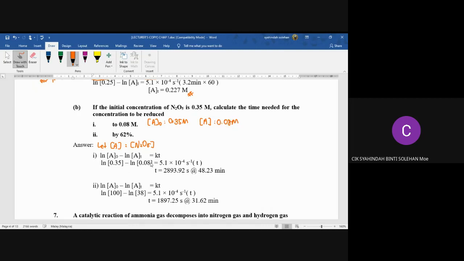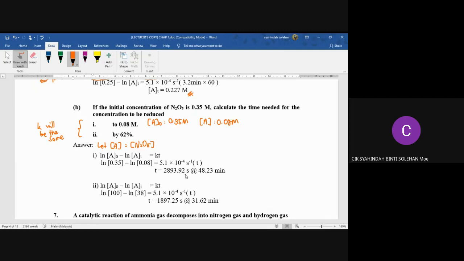Okay, and then time taken is something that you want to find, and since that you punya rate constant dia still the same, okay, regardless dia berubah concentration, okay, rate constant will be the same. Alright, so you masukkan saja nilai-nilai tersebut and you will get your time ialah 2893.92 second ataupun 48.23 minutes.